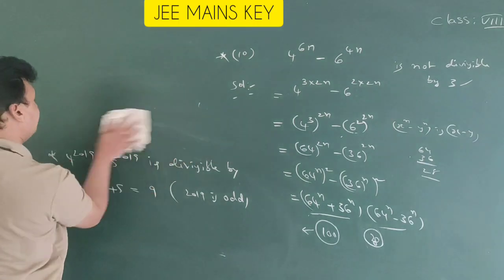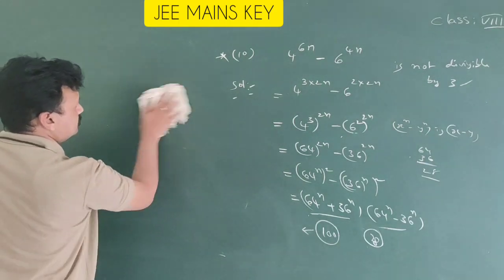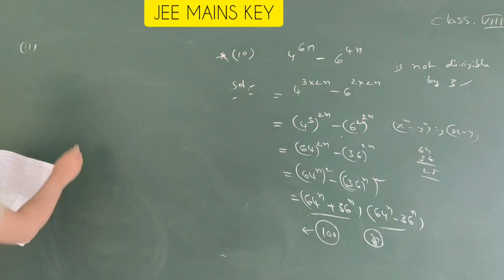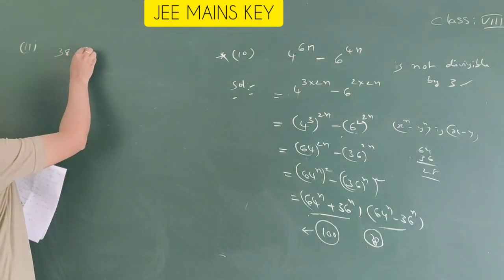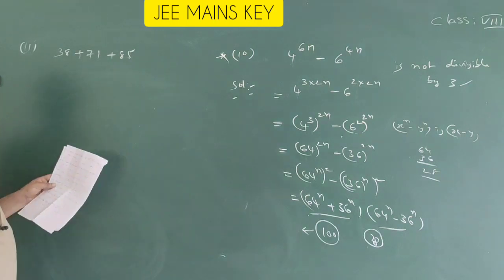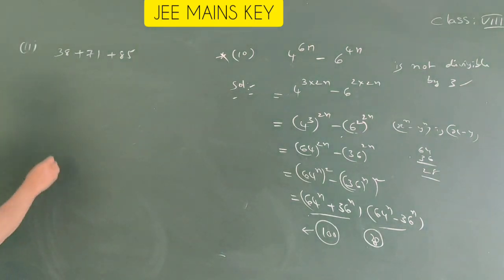Question 11. Find the remainder when 38 plus 71 plus 85 is divided by 16.